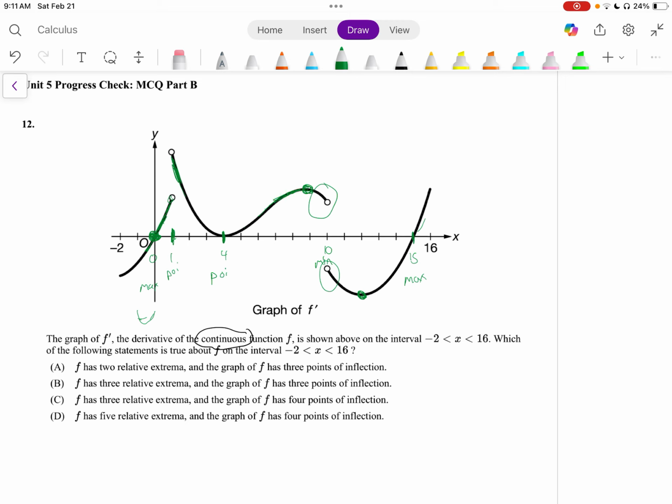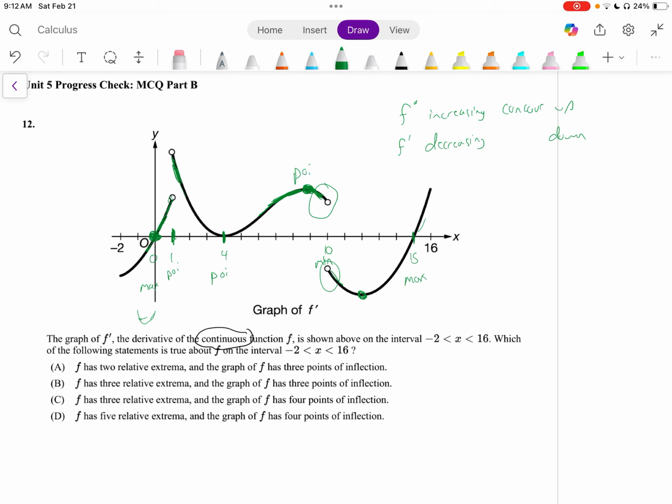So if we remember about the first derivative, increasing means it's concave up, and then it switches to the first derivative decreasing, which is concave down. And so when something switches from concave up to concave down, it's a point of inflection. So whenever you have an increasing changing to a decreasing, there is another point of inflection.